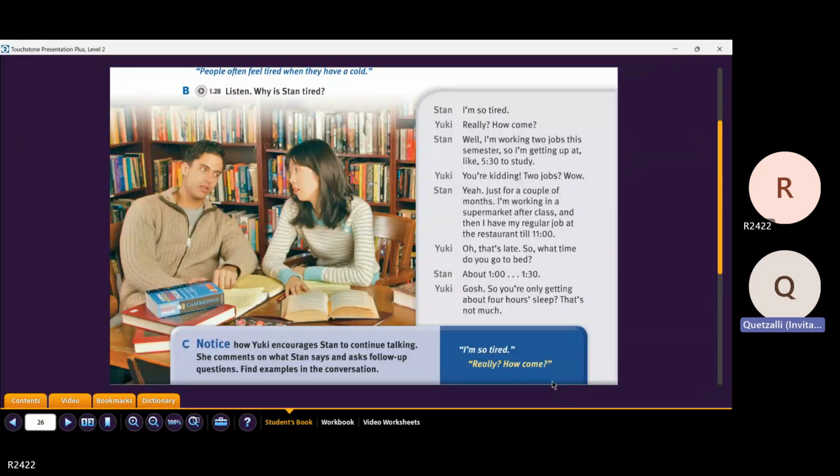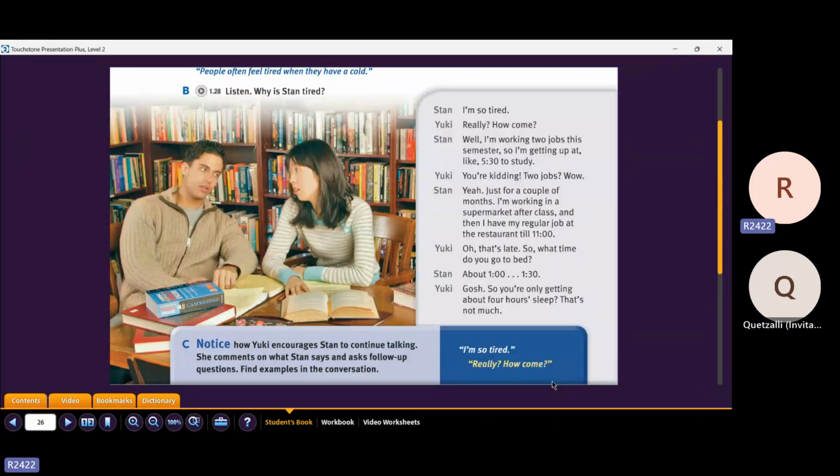Yes, and he had not enough sleep. Yes, exactly. He didn't sleep enough. No durmió lo suficiente. Or he isn't sleeping enough. Él no está durmiendo lo suficiente. Enough.